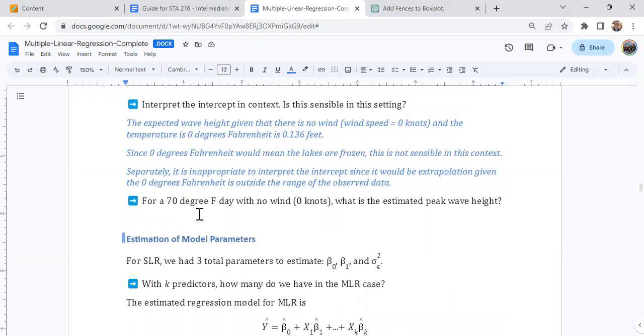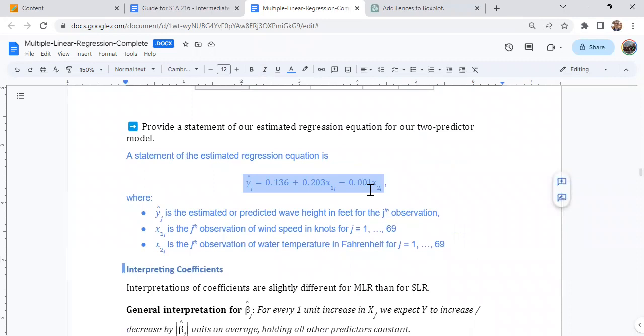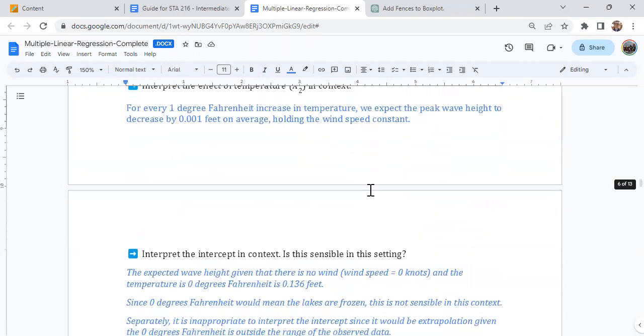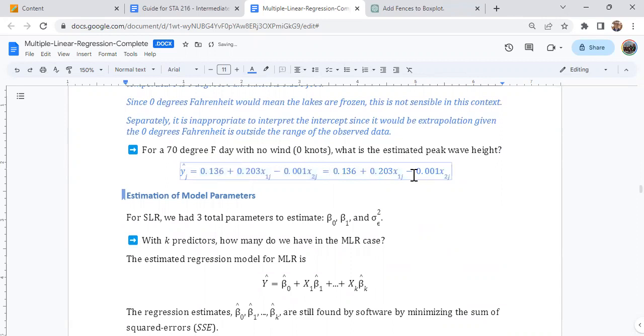Let's get a predicted value that's not extrapolation. Let's suppose it's a 70-degree day and we have no wind. A beautiful day at the beach. What do we predict the wave heights will be? Anytime we're getting a predicted value, it's always a good idea to copy the whole estimated equation, start with that, and then fill in the numbers and simplify.